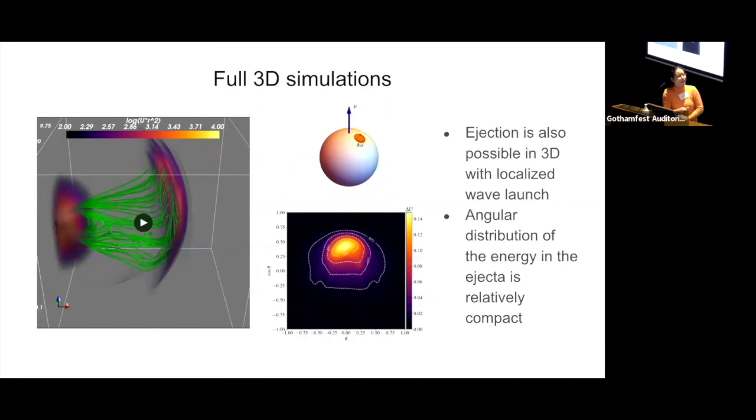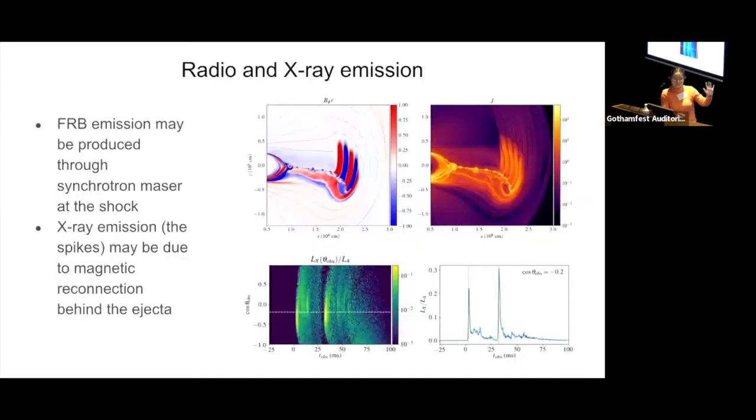This kind of ejecta launched from the magnetar can basically produce shocks at large distances. As we know, there's a mechanism called the synchrotron maser at the shock fronts that can produce the radio emission. Also, we think that in this ejecta process, there can be a current sheet where a lot of magnetic reconnection happens.